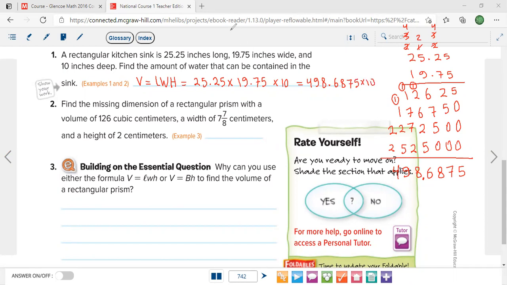And we all know that multiplying by 10 will move the decimal point by only one place. So finally it will be 4,986.875 inch cube.